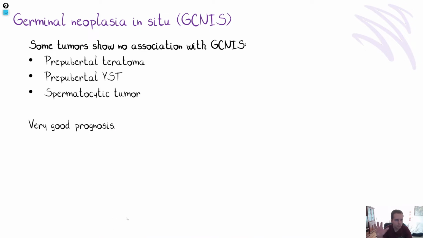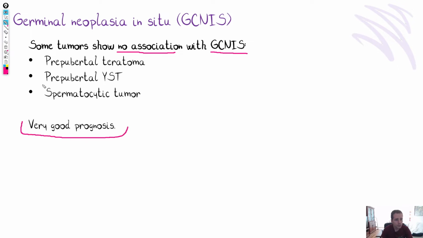But there is a group of testicular tumors that show no association with germinal neoplasia in situ. We've got three of them: prepubertal teratoma, prepubertal yolk sac tumor, and so-called spermatocytic tumor. These tumors were excluded because, as I said, they show no association with an in situ component, and they've got a very good prognosis.